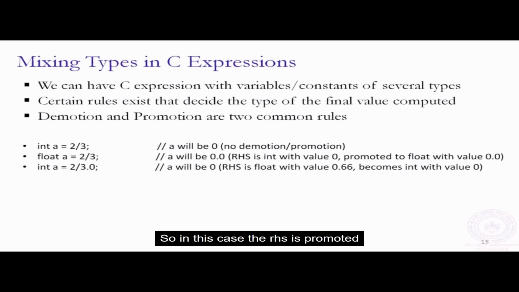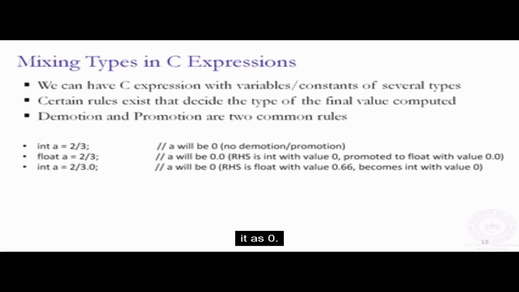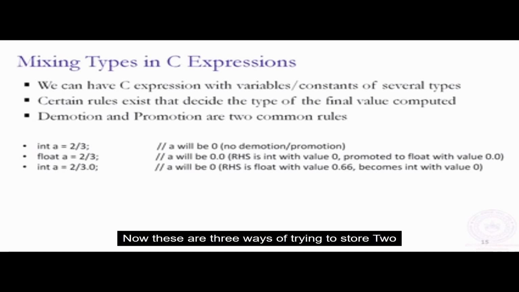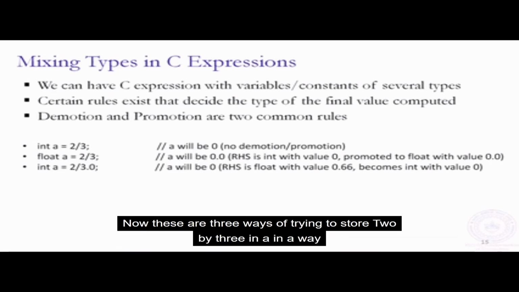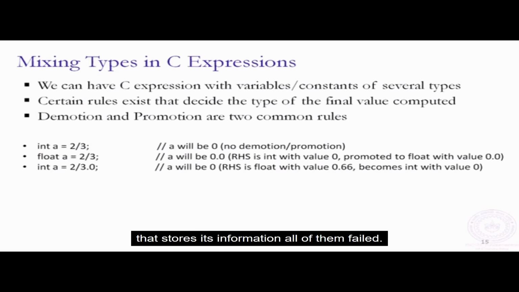So in this case, the RHS is promoted to a float, which takes the value 0.66. But then you put it in an int box, and now it is demoted, and it is stored in the variable a as 0. So you had a promotion, and then you had a demotion, and the end result is storing 0. Now, these are three ways of trying to store 2/3 in a way that preserves its information.